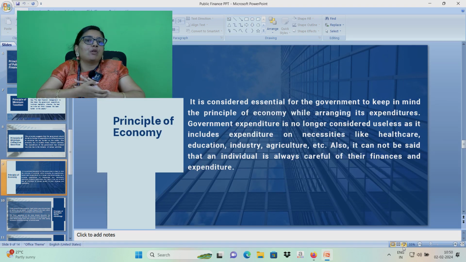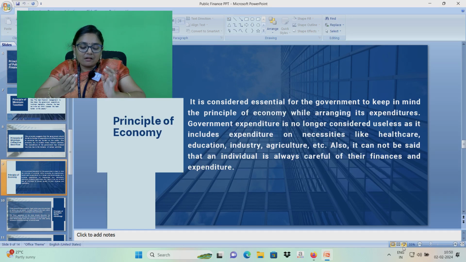Next is the principle of economy. According to this principle, it was believed that the government is less considerate towards its expenditure in comparison to an individual. Most government expenditures were considered useless and not necessary.